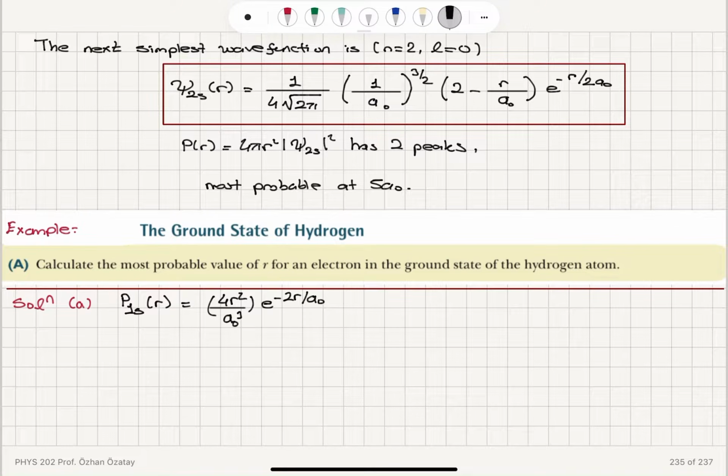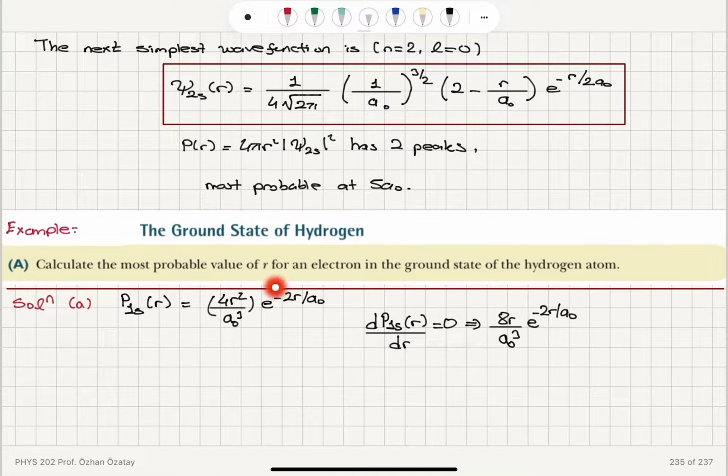So if I take a derivative of this probability density function, derivative of P1s of r with respect to r, and set it equal to 0, what will I find? The extremum point of this function. So first to take the derivative of 4r square with respect to r, that gives us 8r divided by a0 cube exponential minus 2r over a0.